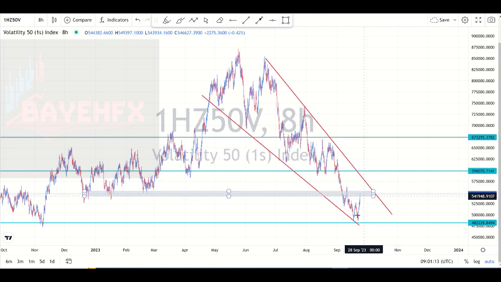This zone you're seeing here is, if you're using the Fibonacci zone, 0.7. If you're used to the volatility indices market, you will notice some of the pairs usually recover 90% of the time, some of them recover 70% of the time, and there are some that even recover 100% of the particular movement.